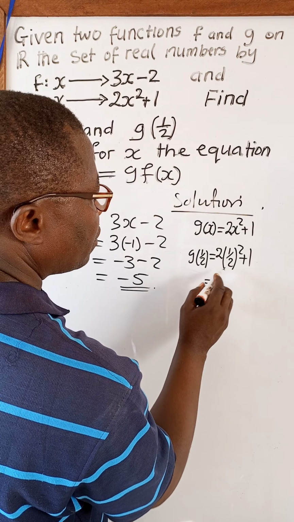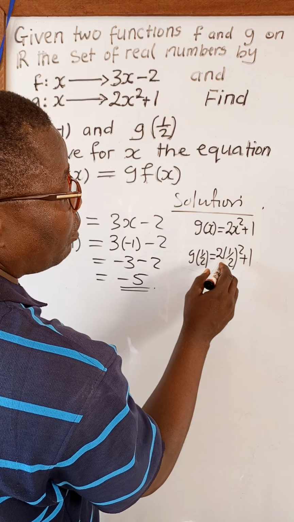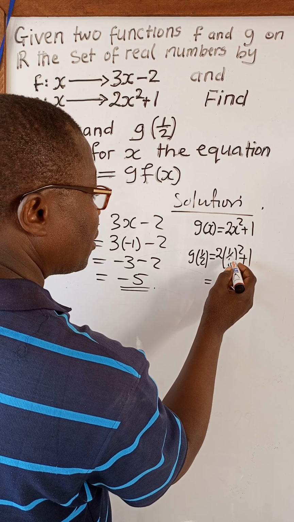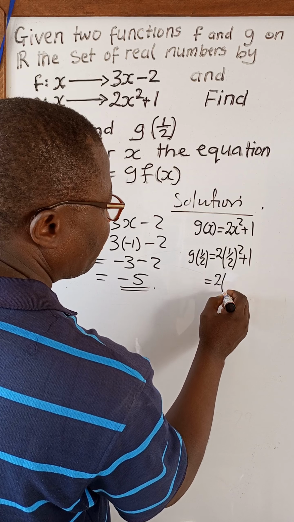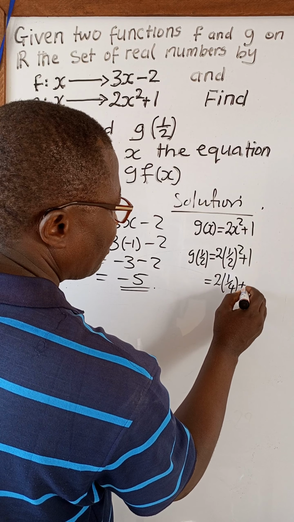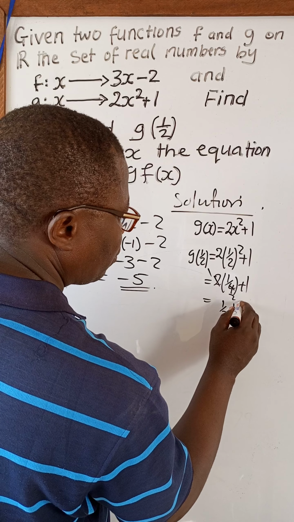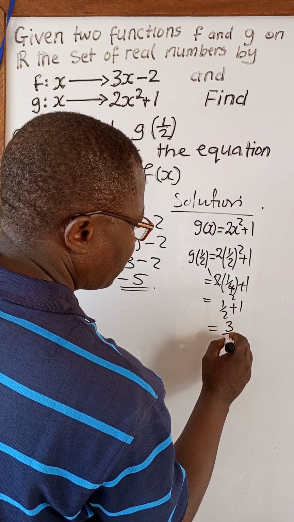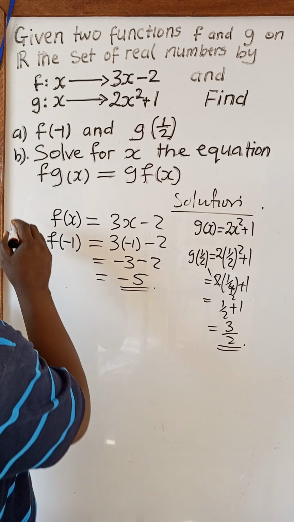We first of all evaluate the brackets. Remember BODMAS. A half squared is 1/4. So we have 2 into 1/4 plus 1. This 2 here, 1, 2 here, 2. So we have a half plus 1. This gives us 3 all over 2. Okay, that is for A.